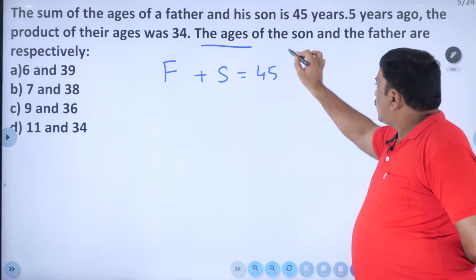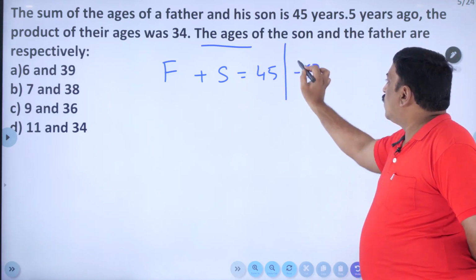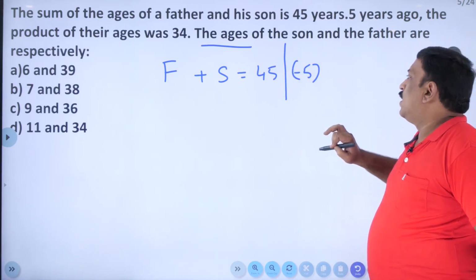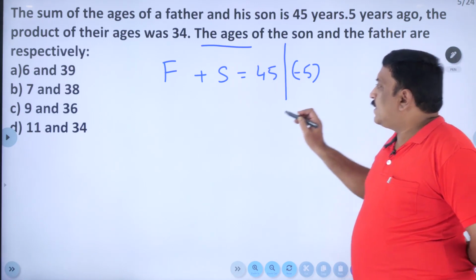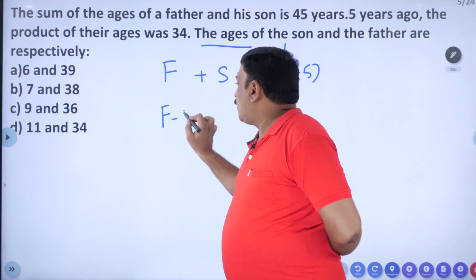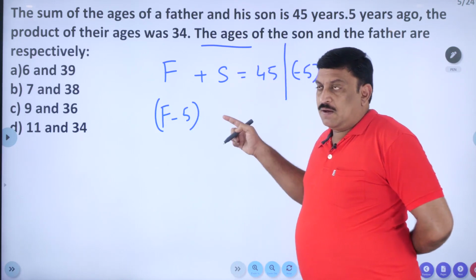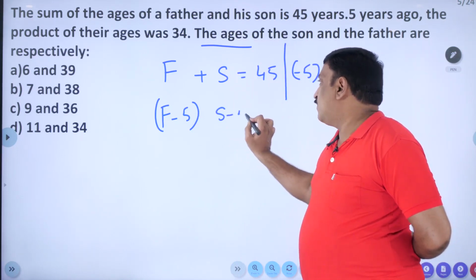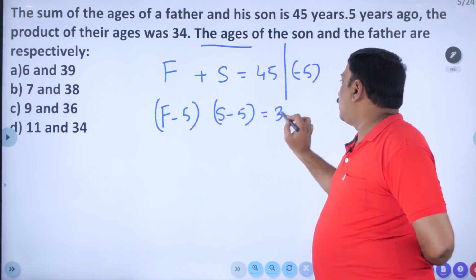So there is another piece of information: 5 years ago, the product of their ages was 34. Can I write it like this: the father's present age is F, so 5 years ago it should be F minus 5. In the same way, the son's present age is S, so 5 years back it is S minus 5. So this product is how much? It is 34.